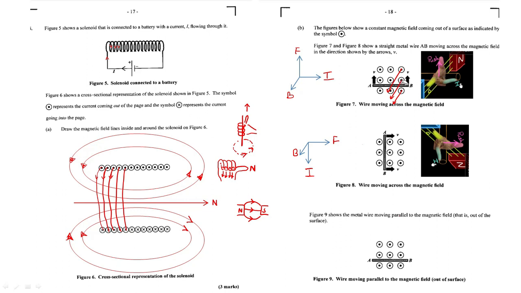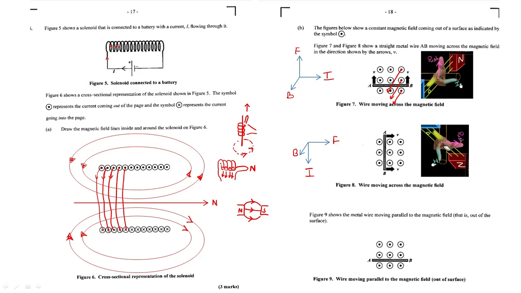They're telling us that these field lines are coming towards us, so that's where the finger is pointing. If the metal wire is moving up, cutting across the field lines, and the magnetic field is coming towards us, then the current will be moving to the right. You can see here the current moving to the right.